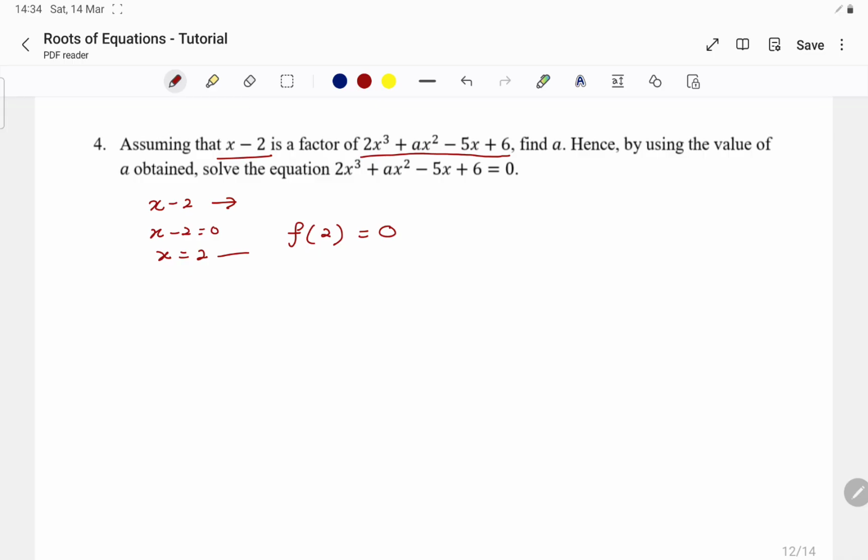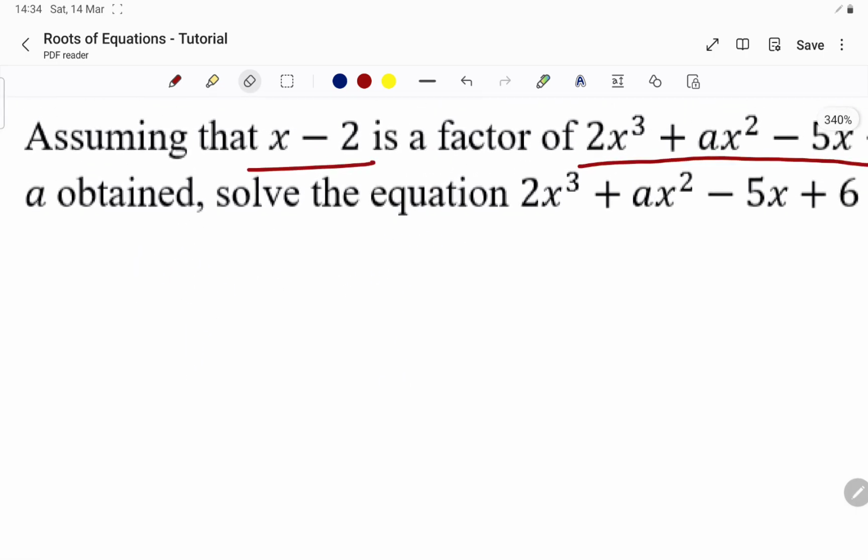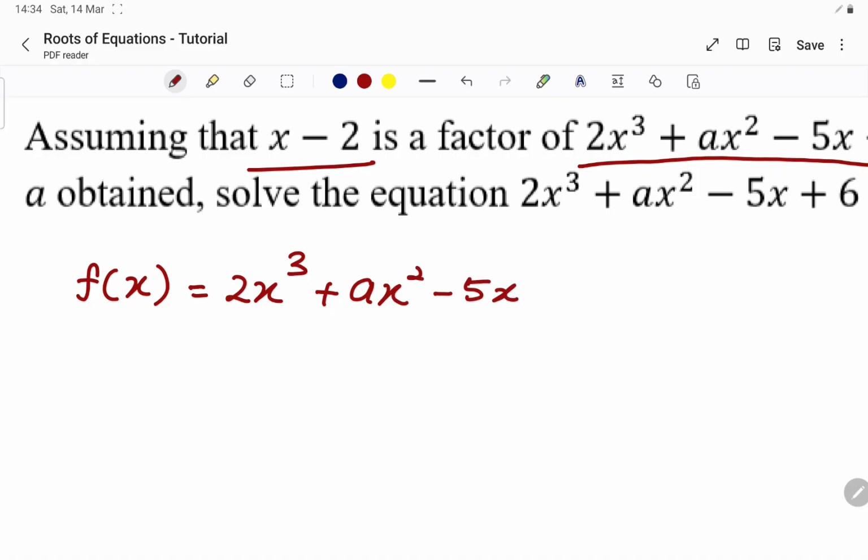So right now, the function that we have is f(x). Let me write it like this so that it will be clearer. f(x) is equal to 2x cubed plus ax squared minus 5x plus 6. We have the information that f(2) is equal to 0.